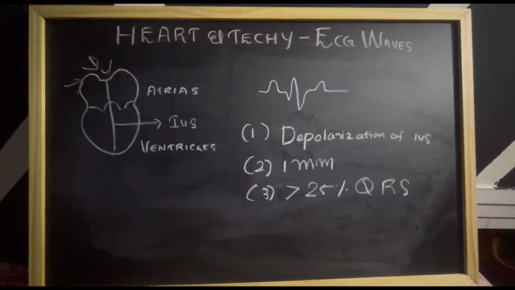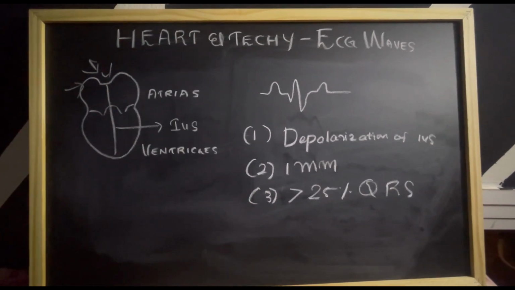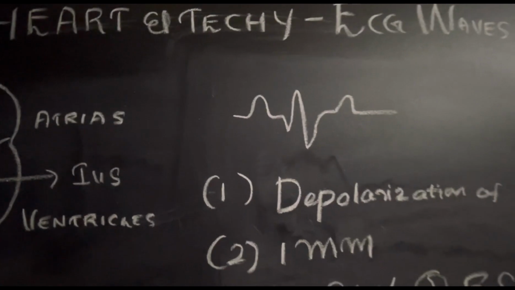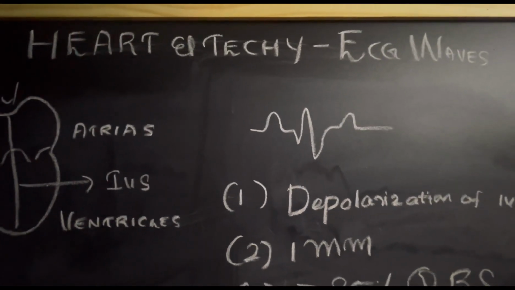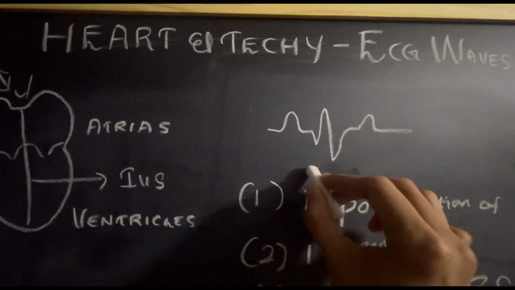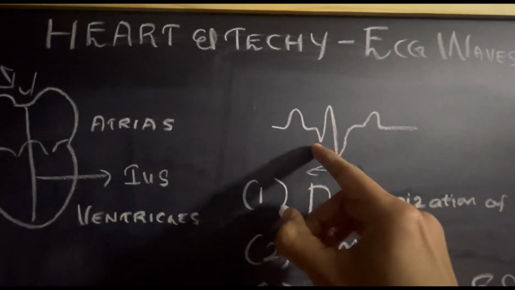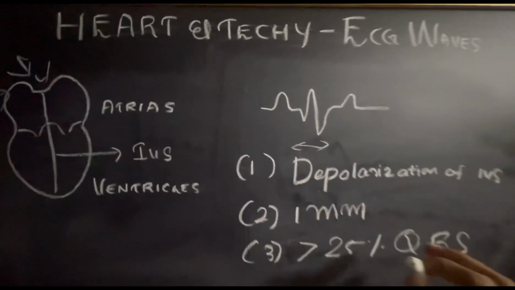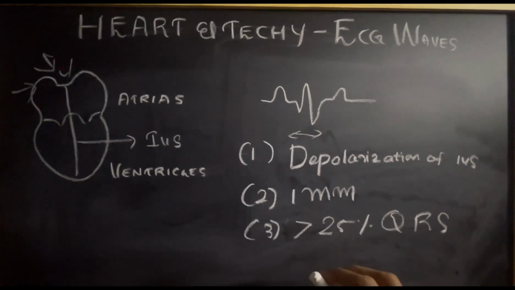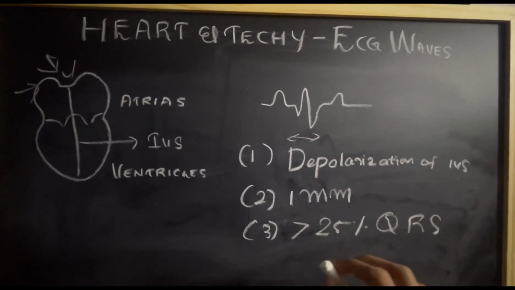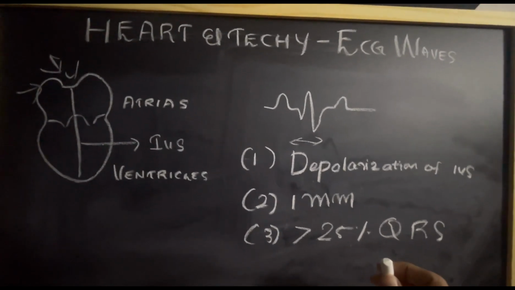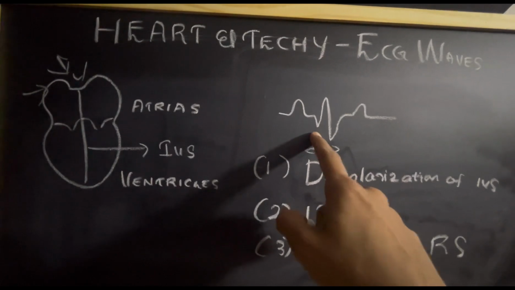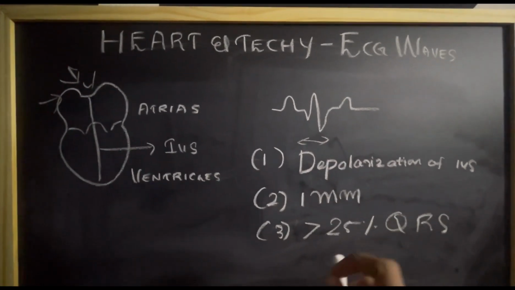So here we are mainly going to explain the Q wave. What is meant by the Q wave? The Q wave is a part of the QRS complex. This is the Q wave, this is the R, this is the S. First of all, I'll tell you one thing: you usually cannot see this Q wave in the normal ECG, because the deflections are very small.